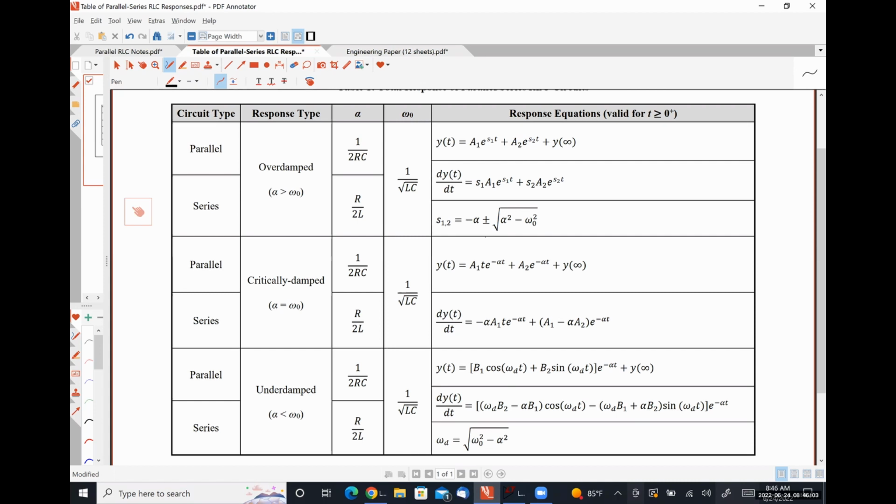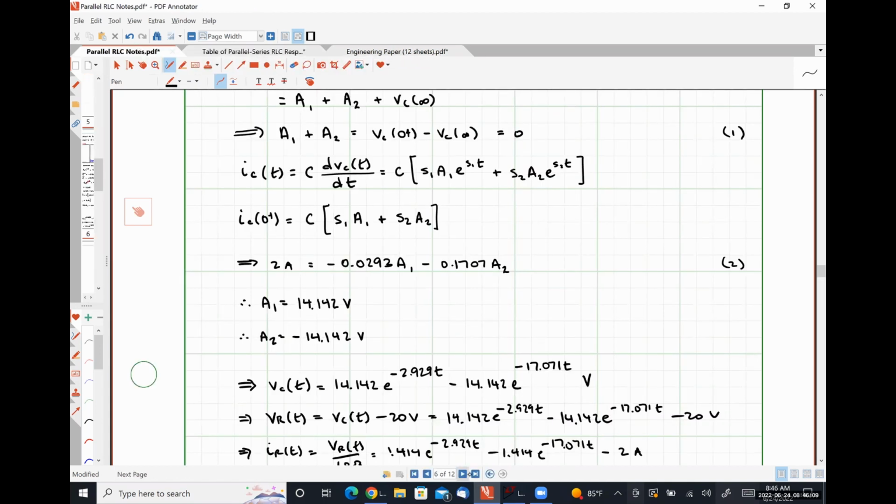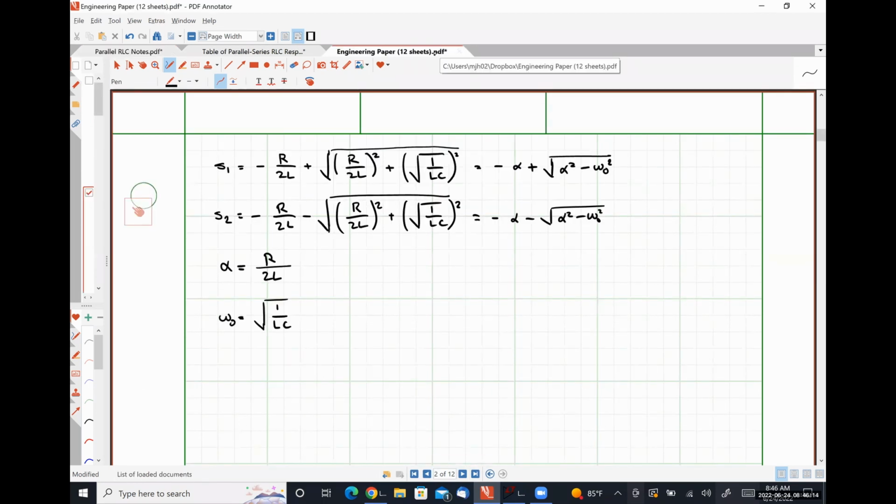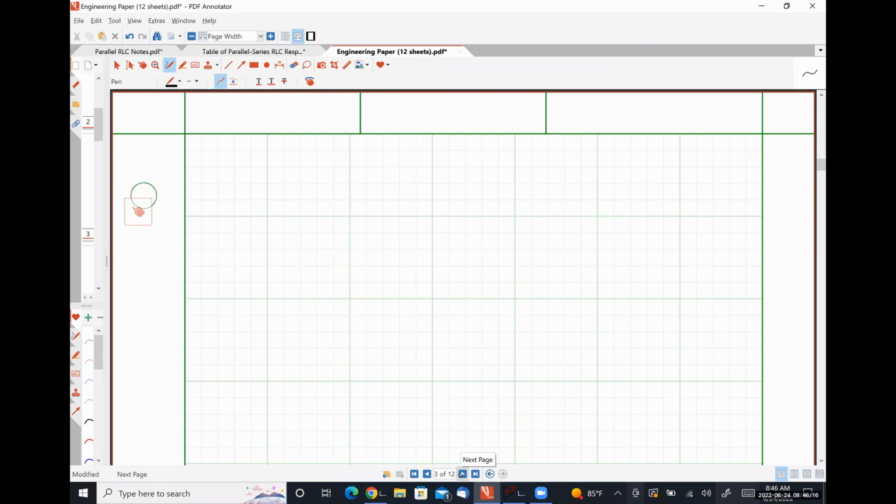So what I would like to do now is look at an example problem. Go to the right paper here. All right.